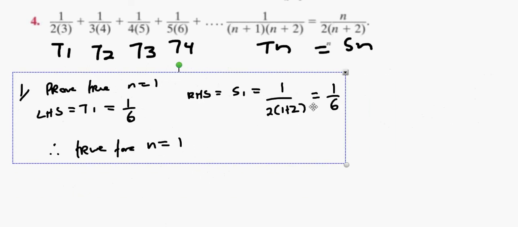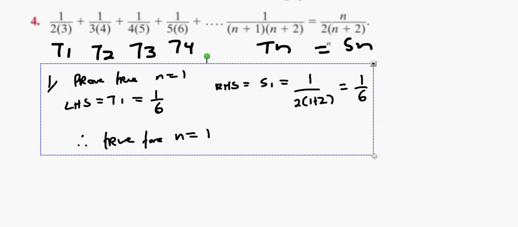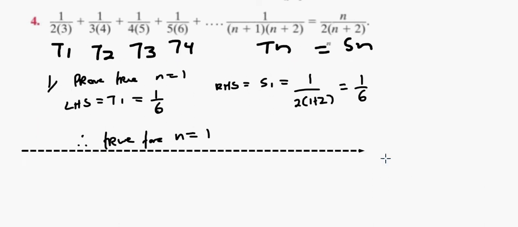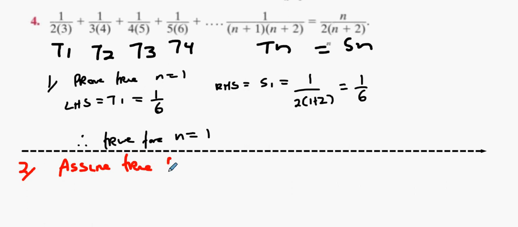Now, next thing we're doing after that is we're going to assume true. Assume true for n equals k.